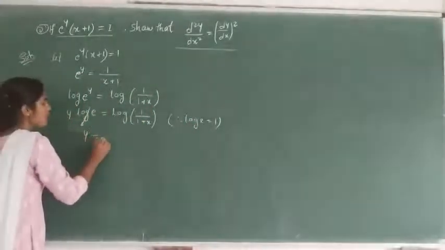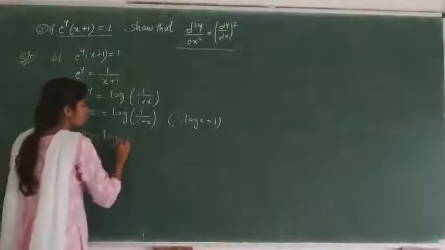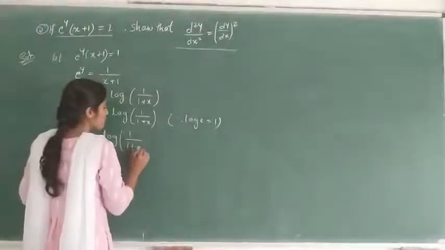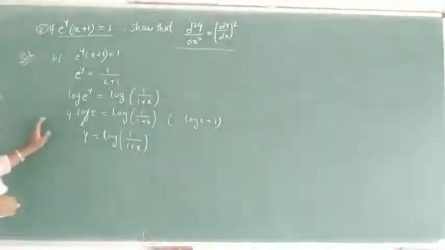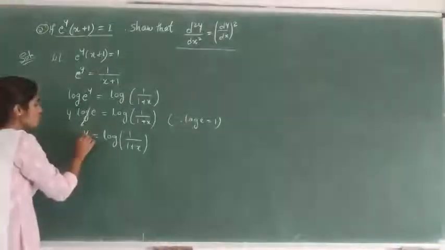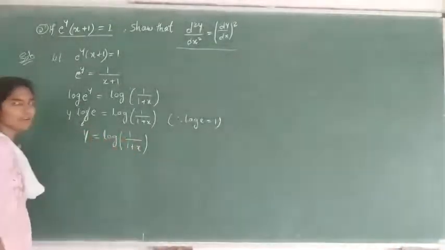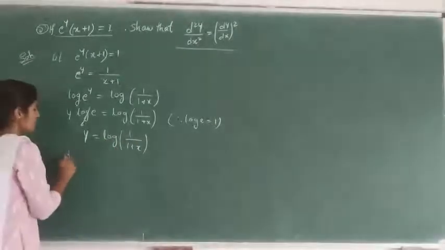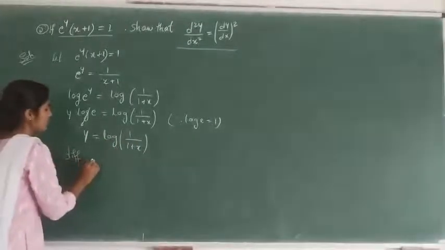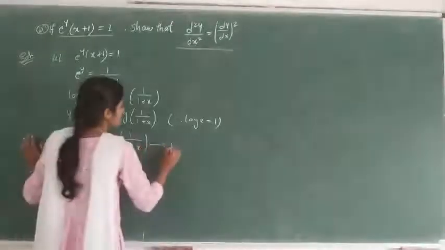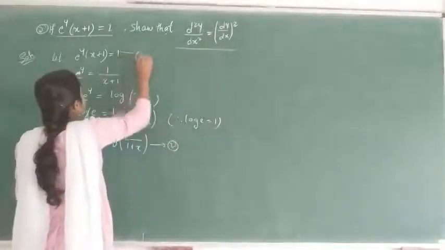So y becomes log of 1 divided by 1 plus x. Now I got y is equal to log of 1 divided by 1 plus x. So now I can differentiate this equation, isn't it? See, this is equation number 2 and this is equation number 1.